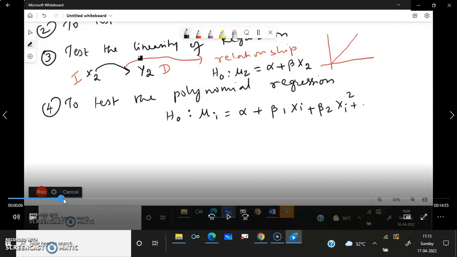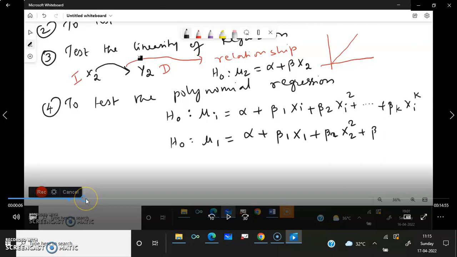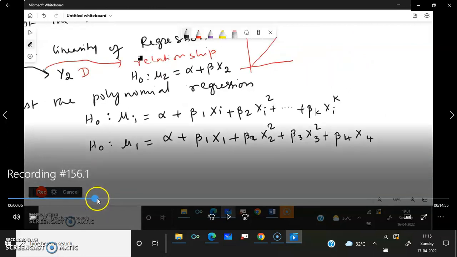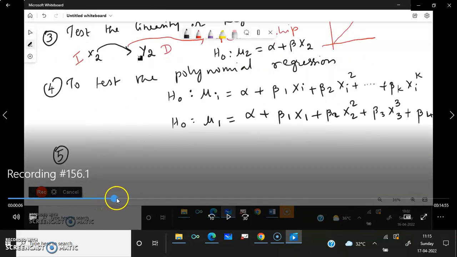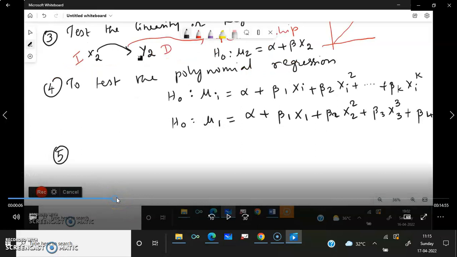That is H0: mu i equals alpha plus beta 1 xi plus beta 2 xi square and so on. This sort of relationship is known as a polynomial regression. If mu1 is related to x1, x2 and so on to xk, this is known as a polynomial relationship.